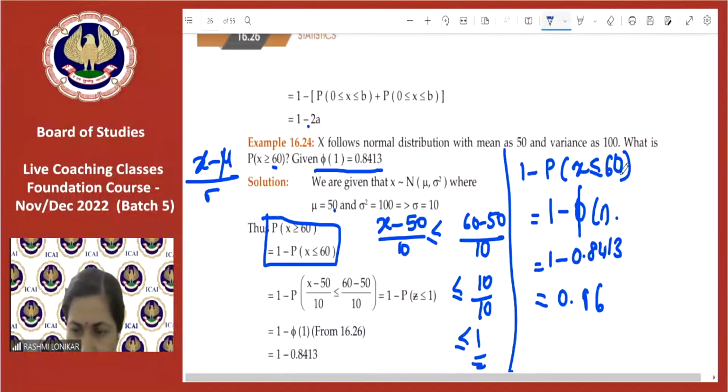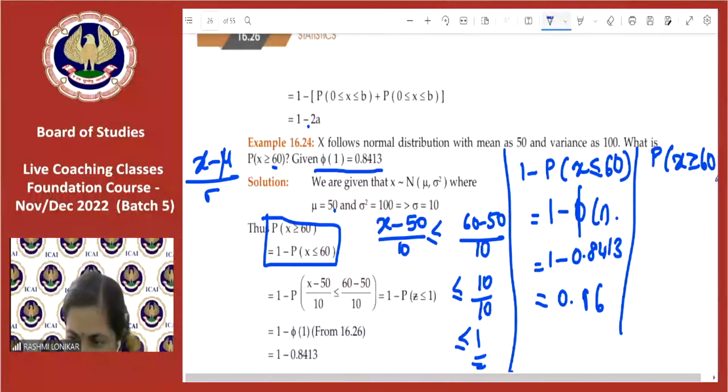Whenever you have this, what is given to you? They want you to find the area X greater than or equal to 60. Now, how do I represent z? Z is given by (x minus mu) upon sigma.